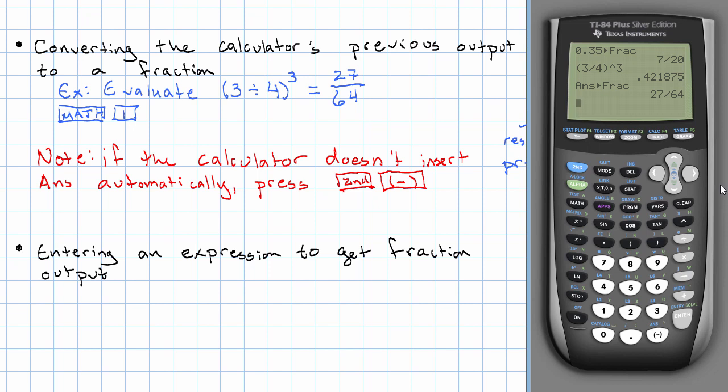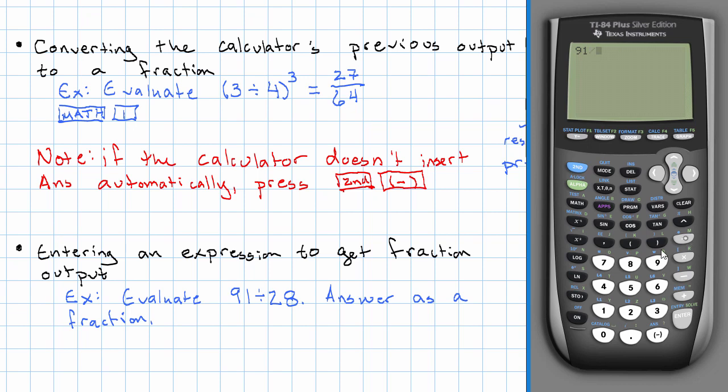Sometimes we do a calculation and we know in advance that we're going to want the result as a fraction. So for example, we might say, start out by evaluating 91 divided by 28, and know in advance that we want the answer as a fraction. We can, if we like, do what we did a moment ago.